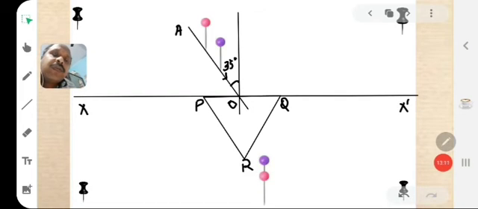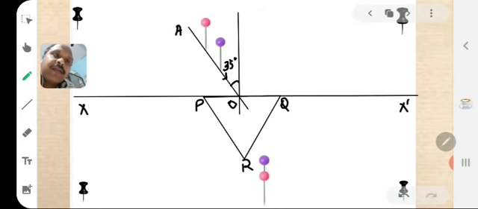So now we come back to this particular setup once again. We have removed the prism, and now these two pins, as you can see, are lying in the same straight line as that of the image observed from the other face, that is face QR of the prism. So once the impression has been created, we will remove these two pins.